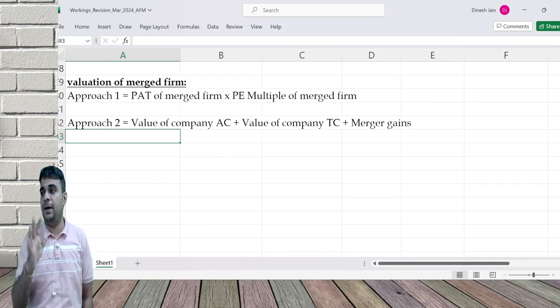First approach will be used wherever P multiple data is there, wherever the question says P multiple.